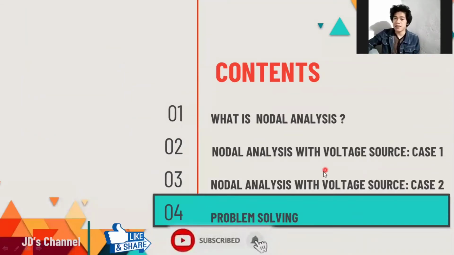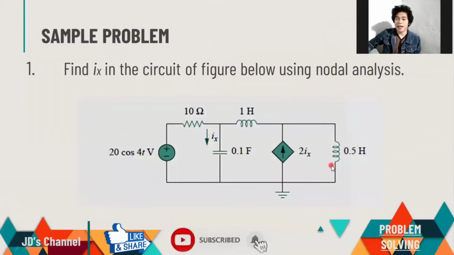So dito tayo sa problem solving. Here is the sample problem. Find Ix in the circuit of the figure below using nodal analysis. Okay, as you can see here, class, hindi pare-pareho ng unit. Merong ohms, merong Henry, farad, okay?